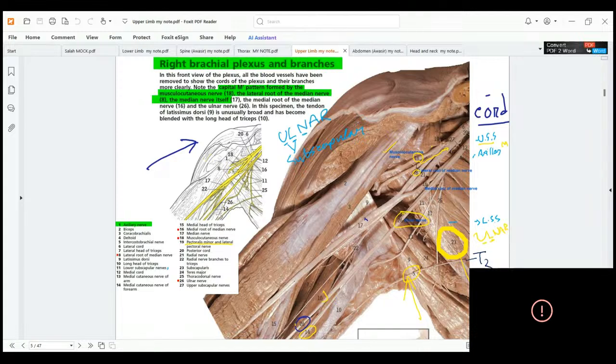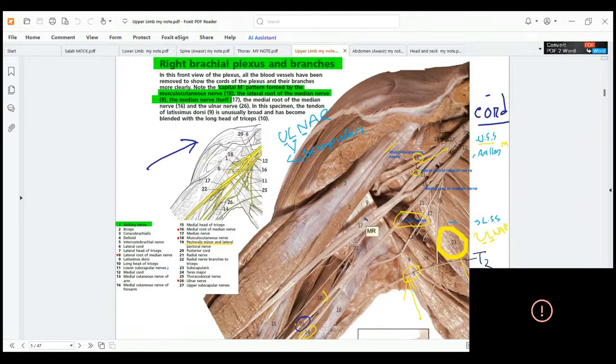Number 8 is the lateral root of the median nerve. Number 16 is the medial root of the median nerve, and they are forming number 17, which is the median nerve.